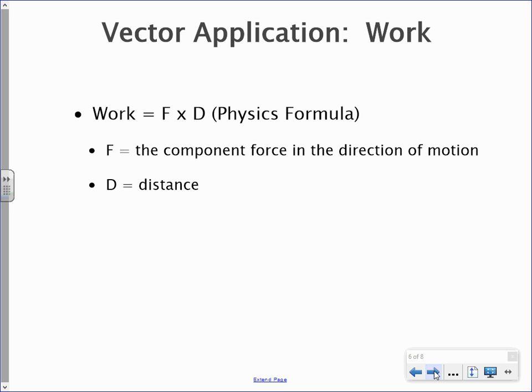So even though I'm pulling it at an angle, it's only moving horizontal. So only the horizontal component of force is acting on the wagon. And that's where vectors are going to come in. If we are applying force at an angle, but our object is moving only horizontal or vertical, then only that component of force is actually acting on the object.